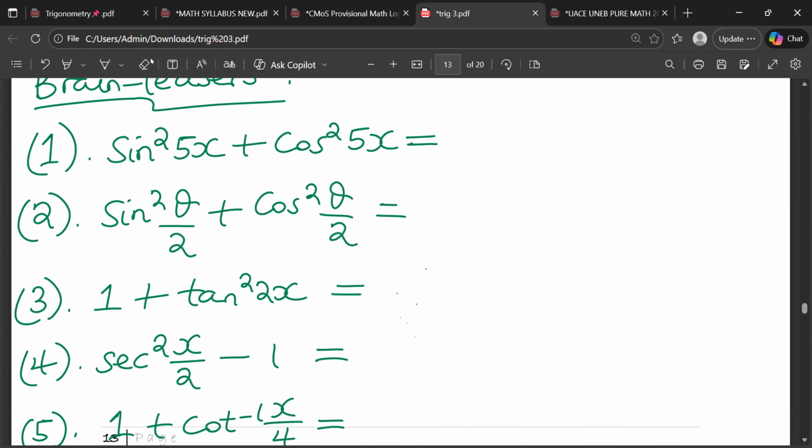Is the answer to number 1 5 or 1? Do you get 5 or 1?